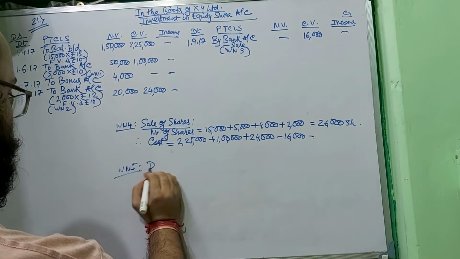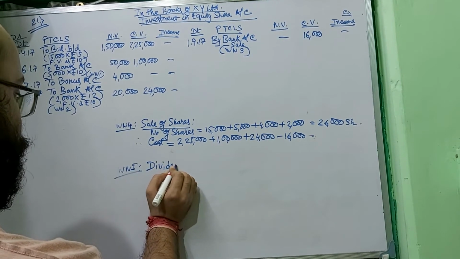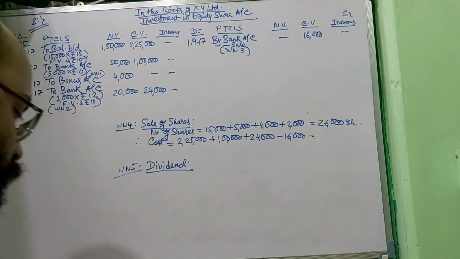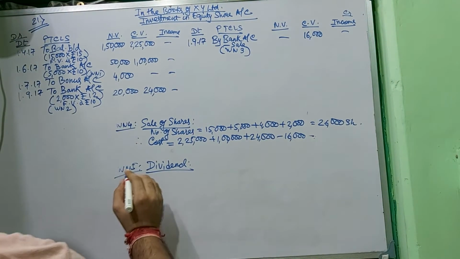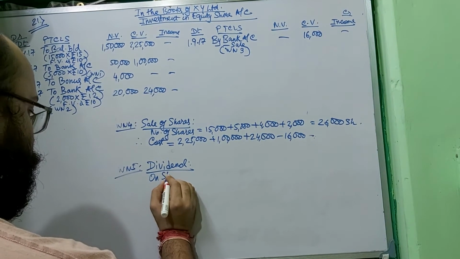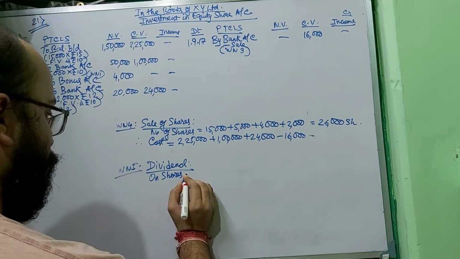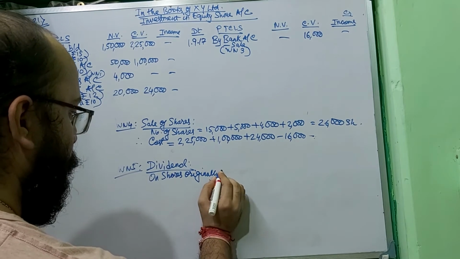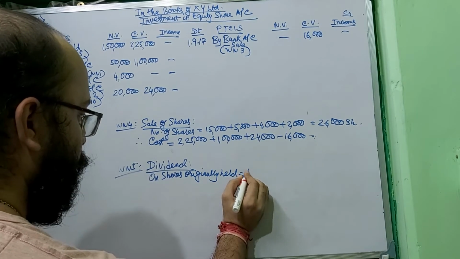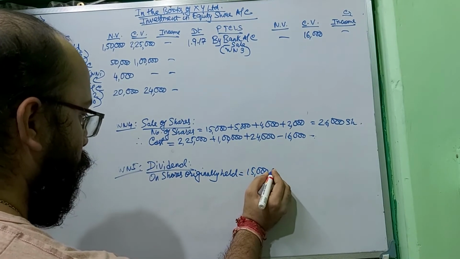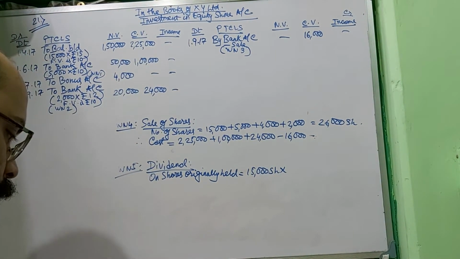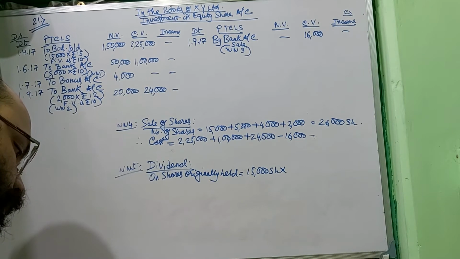So, dividend, again pre-dividend and post-dividend on shares originally held, 15,000 shares holding of rupees 10.